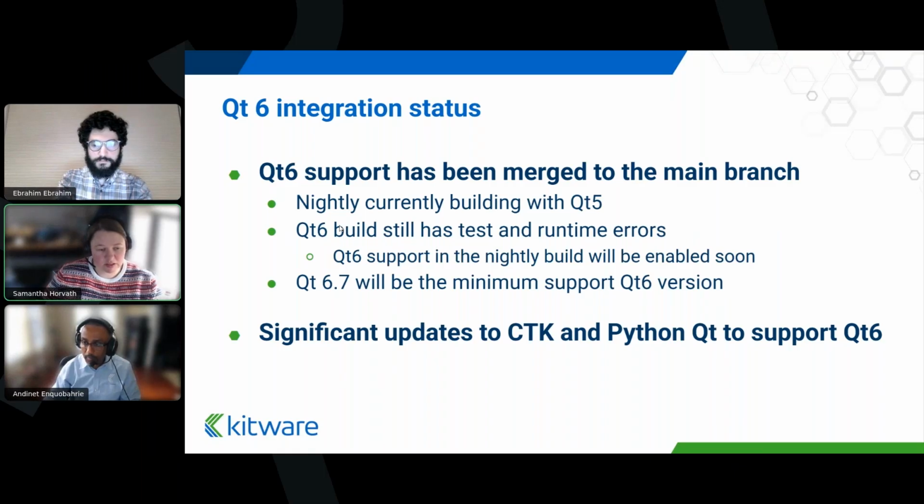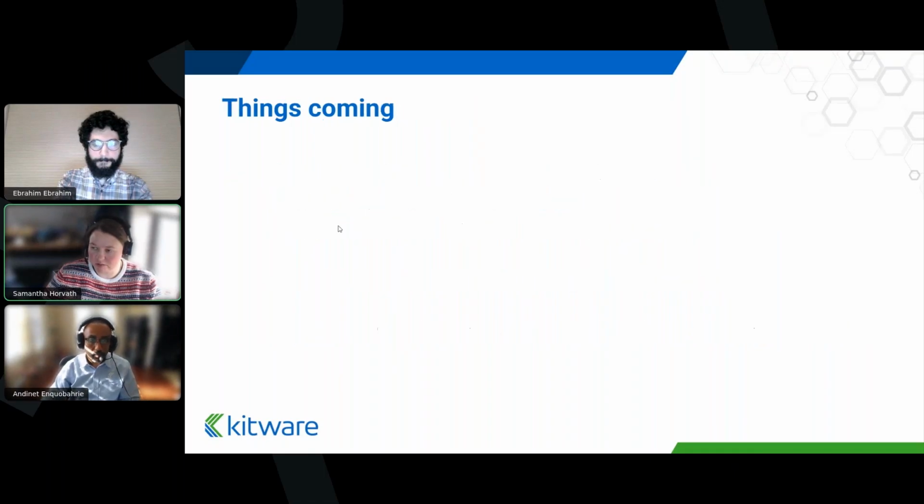And so this is a dependency that we need to keep updated so that we can have the latest and greatest Qt features and reduce the amount of technical debt throughout the entire build system. So things coming for Slicer 6, as mentioned before, Qt6 will be enabled.